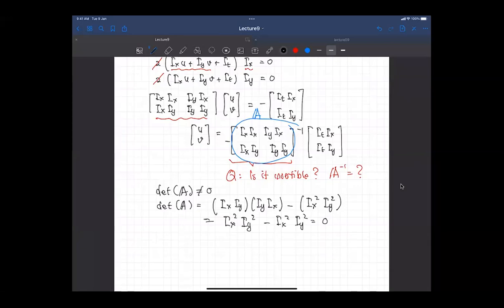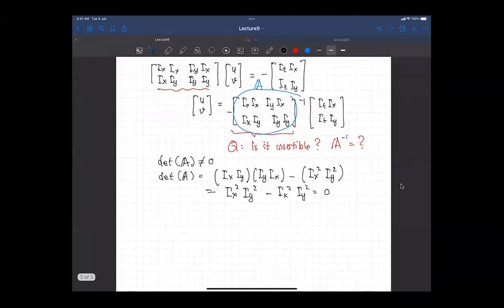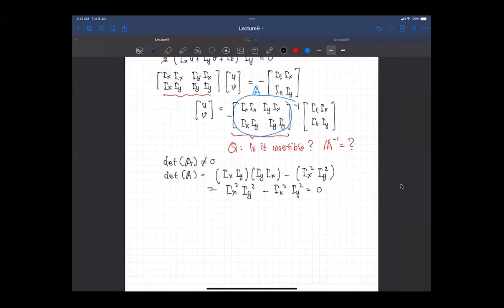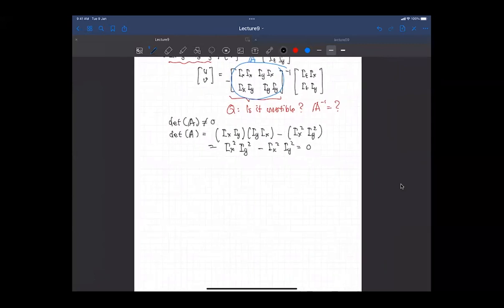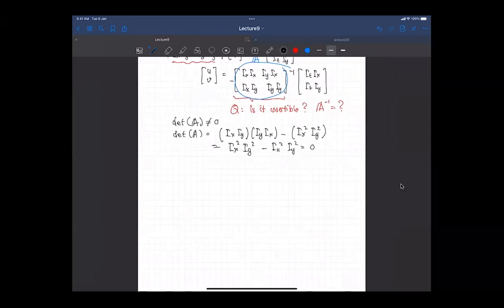So not as easy as we thought. Optical flow is not as easy as we thought, because this gives you a 0 determinant, which means that it's not invertible. Now, if it is not invertible, what can we do?